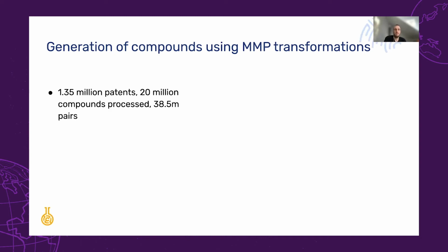And we have used an MMP learner to generate pairs of compounds. So these are pairs where, around the common core or scaffold, there is one functional group which is different between the two compounds. We have found about 40 million pairs using our MMP learner. And then we further analyzed what transformations these are. We have found about 1.4 million unique transformations, which is certainly a lot.